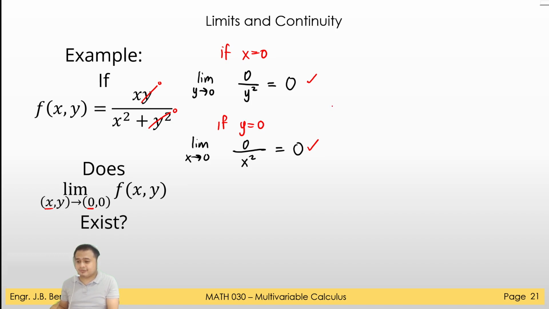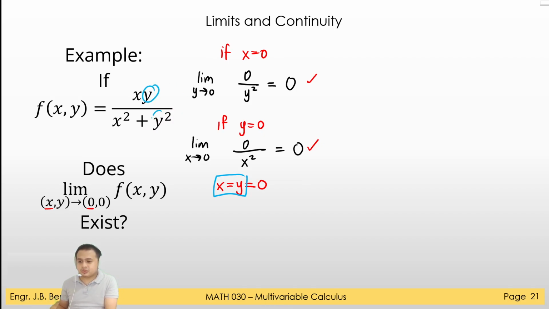Actually, not that fast. We know that x and y approach 0, so there is a case where x is equal to y. So we can substitute x is equal to y here.